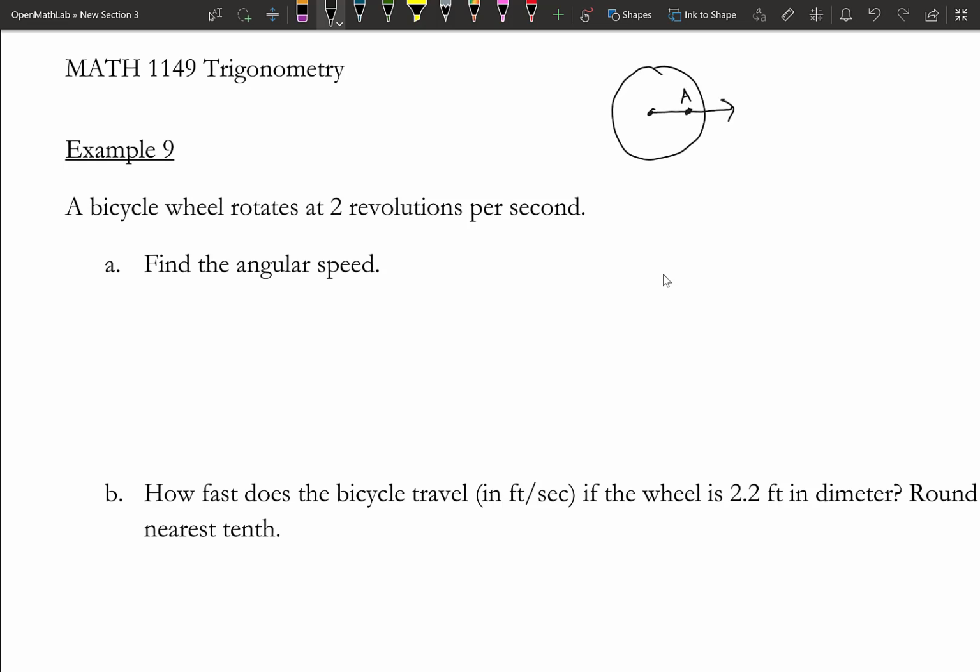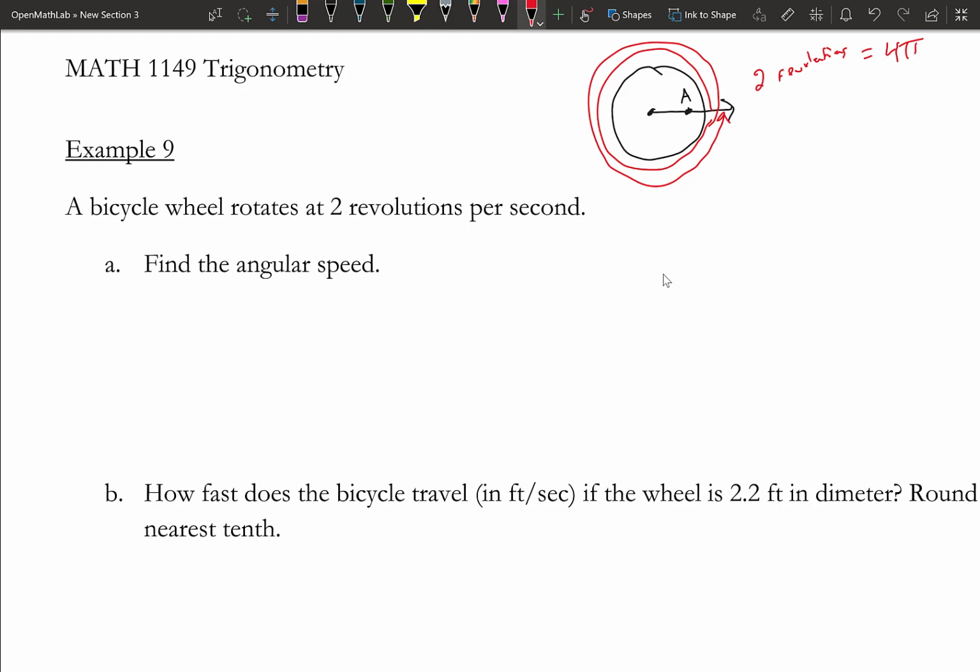I have this ray here with point A. If it's going around 2 times, once and then again, that means point A traveled 2 revolutions, which is equal to 4 pi radians, right?